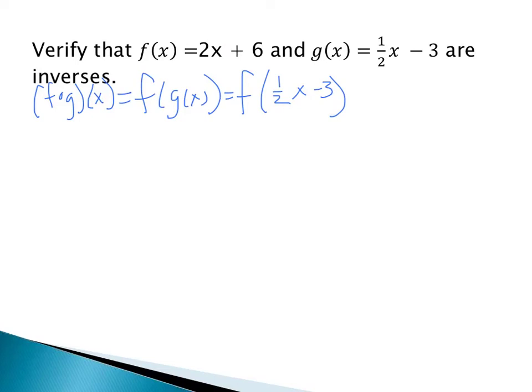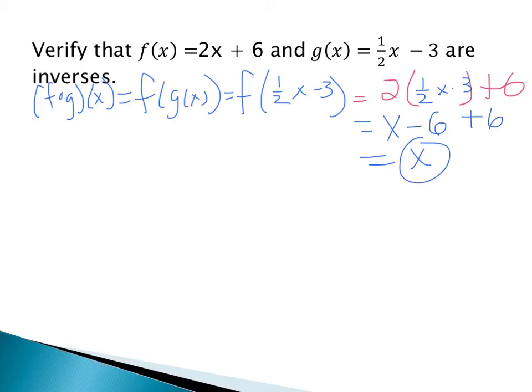So let's make a spot. And then take the 1/2 x minus 3 and substitute it in there. When we do that, 2 times 1/2 x gives you x, 2 times negative 3 is negative 6, plus 6, and you get x.